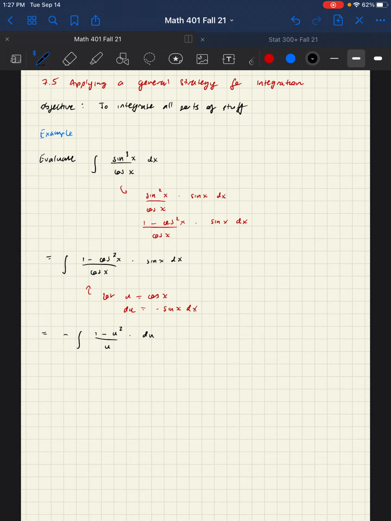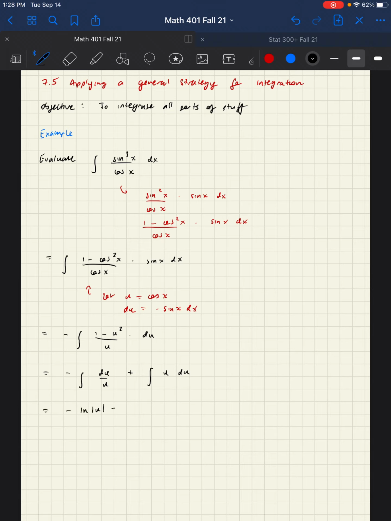And this, if I split up, so the numerator has a higher degree than the denominator, and I'm just going to split up the numerator into 1 over u du, so du over u, plus the integral of u squared over u, which is u du. Okay, not bad.